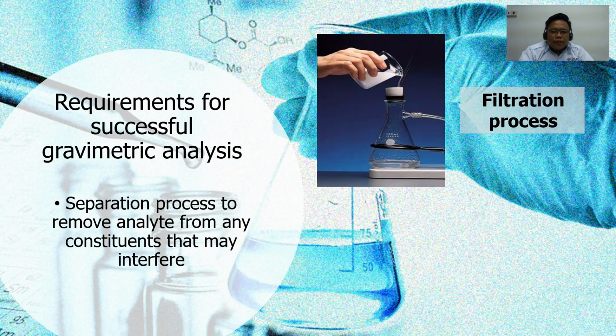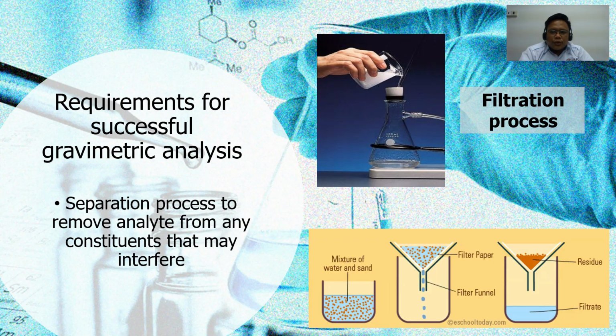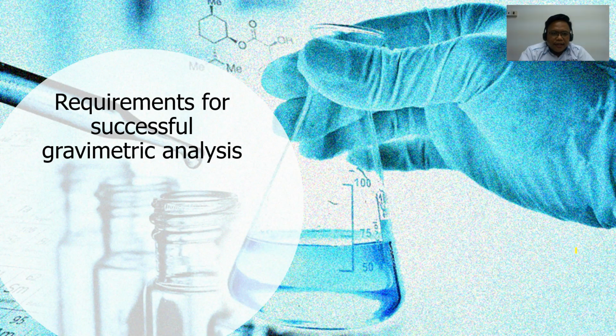Of course, to separate the product from the solution, they must go through the separation process, which is the filtration technique, to remove the analyte solution and give the residue, which is the product of the reaction.